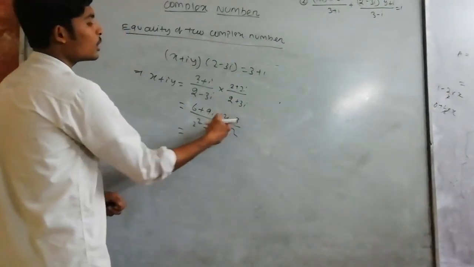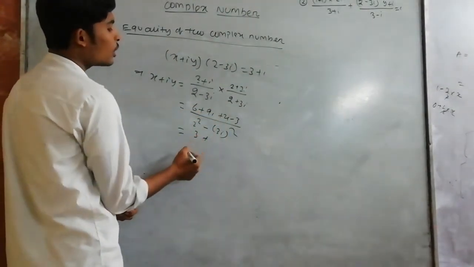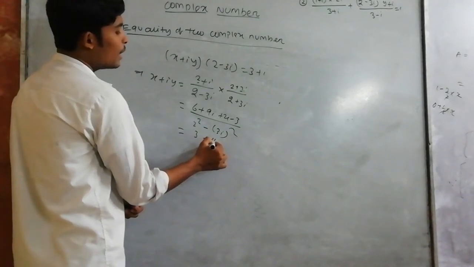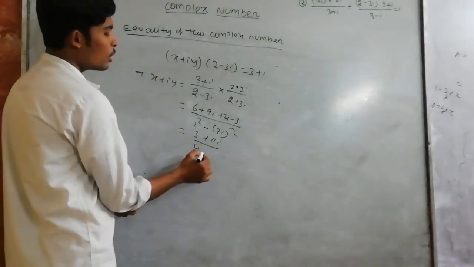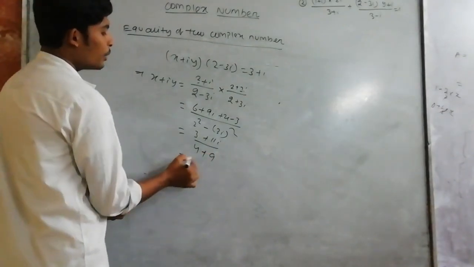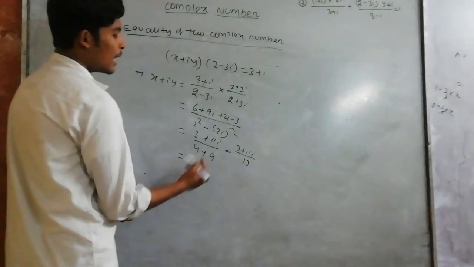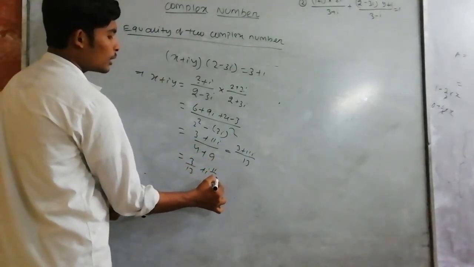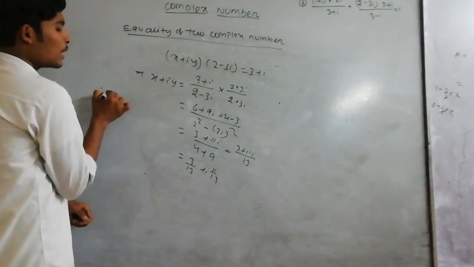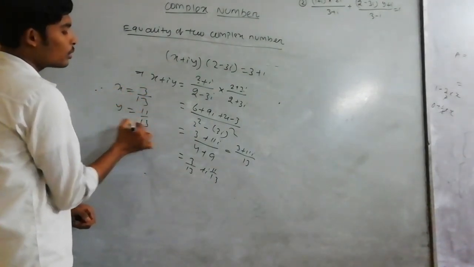So it becomes 6 minus 3, which is equal to 3, and 9i plus 2i, which is equal to 11i, divided by 4 plus 9, which becomes 13. So 3 plus 11i divided by 13, that is 3 by 13 plus 11 by 13 i. That means x equal to 3 by 13 and y equal to 11 by 13.